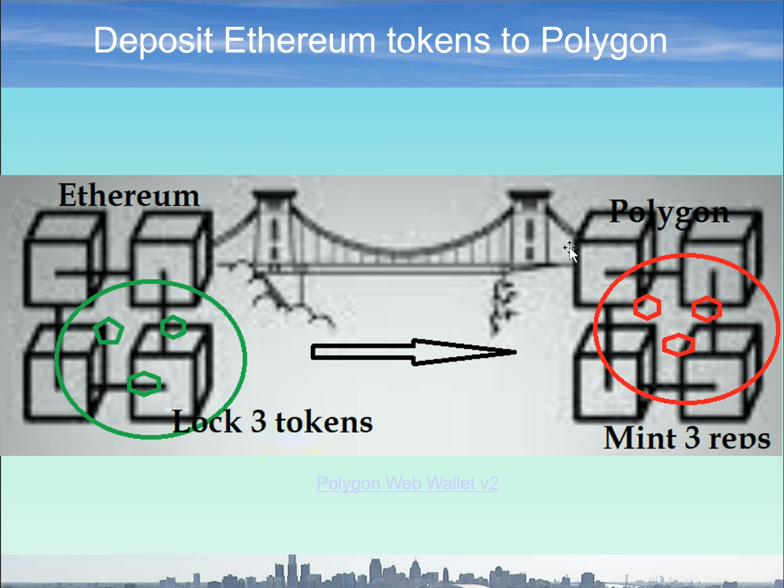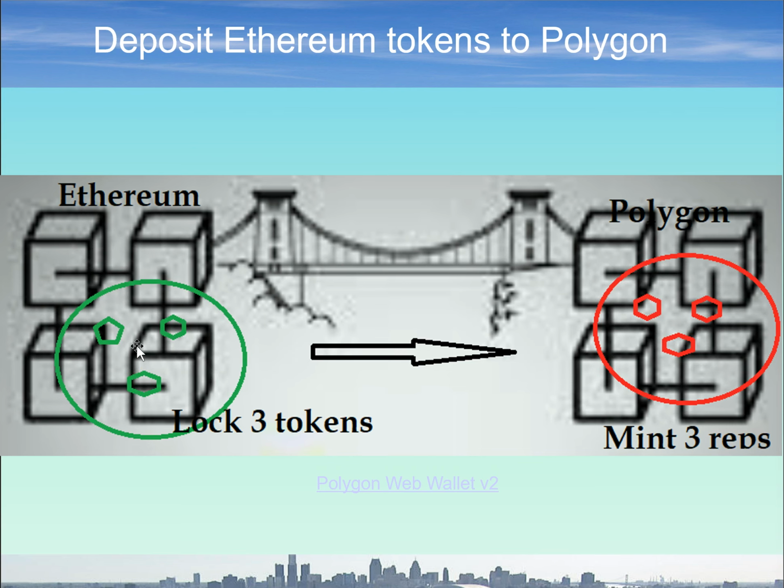So this is basically like a simulation. What's happening is the tokens sent over are not the real native token. The tokens sent over are actually representatives, which are created by a smart contract on Polygon. This is why over here we are going to lock it, because these three tokens cannot be used by other owners anymore.